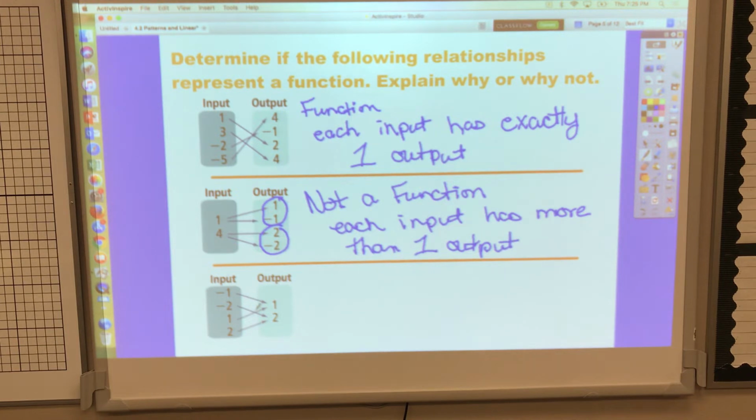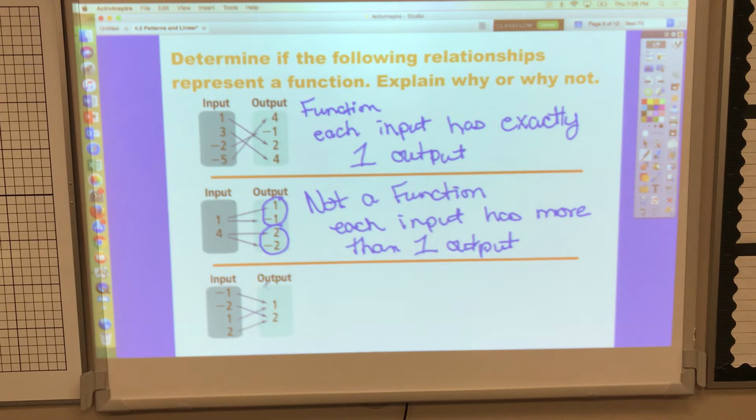So last one, when I look at the input, we have -1, -2, 1, and 2. They're all different again, so when we look at those outputs, -1 is only paired with 1. -2 is only paired with 2. 1 is only paired with 1. And 2 is only paired with 2.